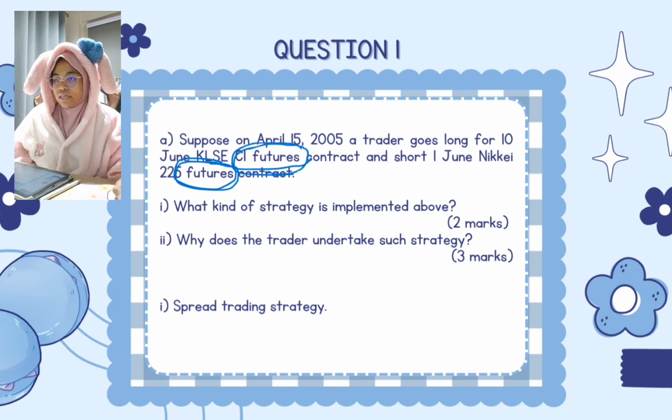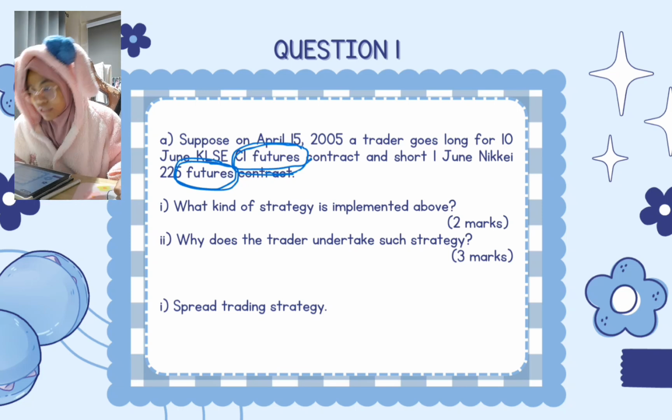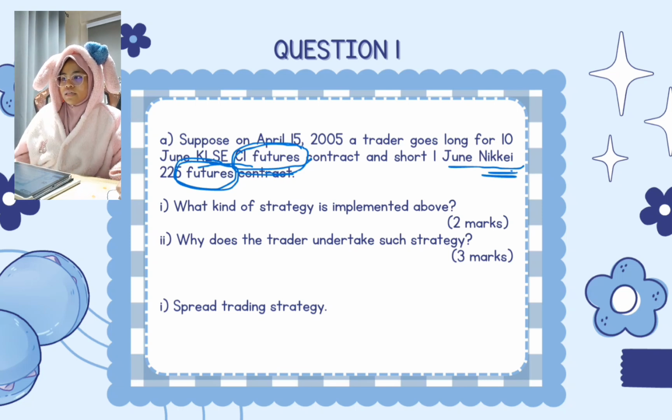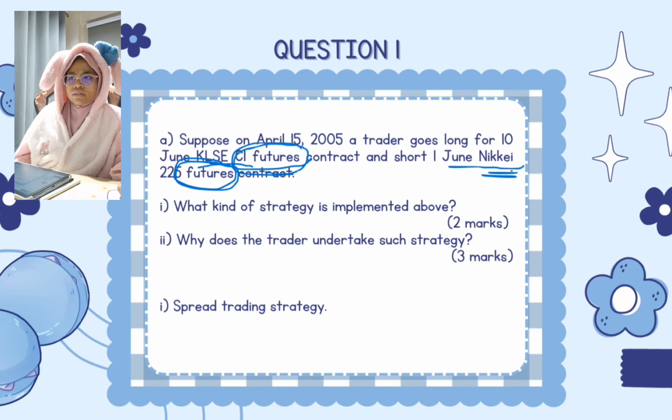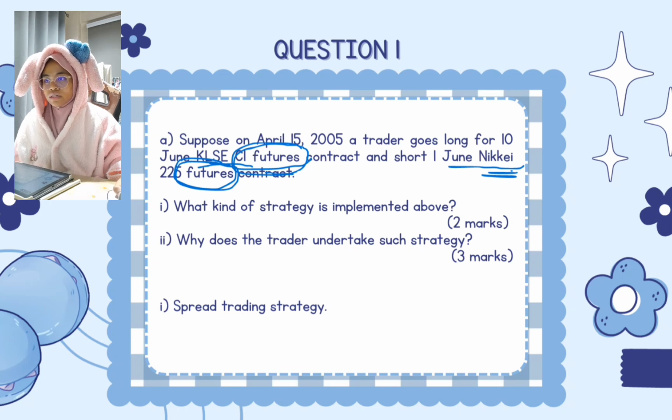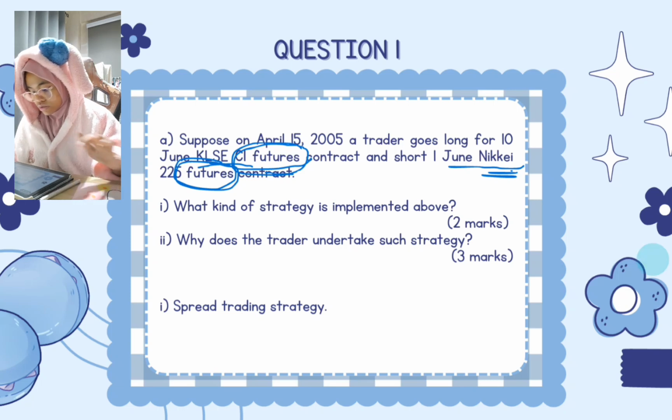So in this case, it is the KLSE index and the Nikkei. This is the Nikkei one only. I think Nikkei 225 is Japan and KLSE is Malaysia. Okay. Next question is, why does the trader undertake such a strategy?